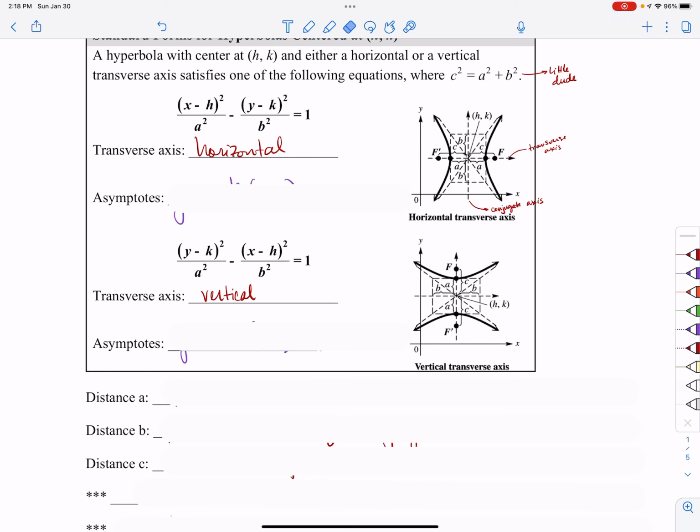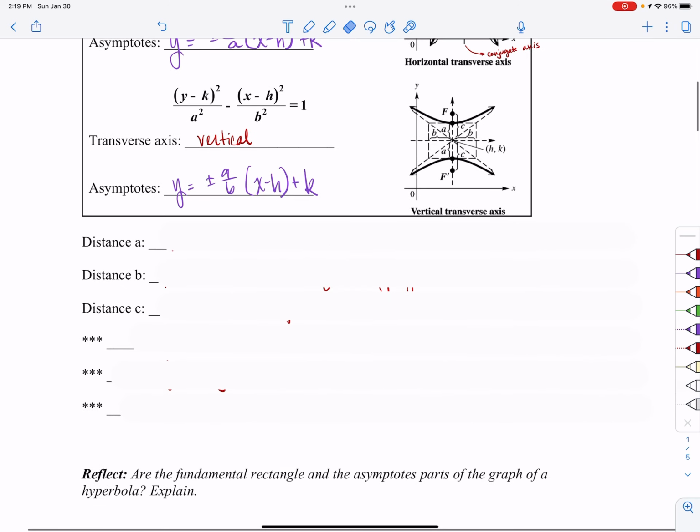If your hyperbola opens up to the right and to the left, so it's got a horizontal transverse axis, then the equation is going to be y equals plus or minus b over a times the quantity x minus h, plus k. If I have a vertical transverse axis, my hyperbola opens up and down. It's going to be y equals plus or minus a over b times the quantity x minus h, plus k.